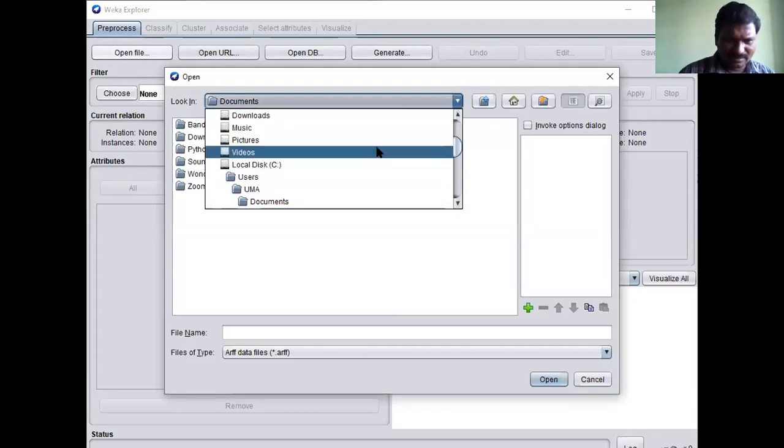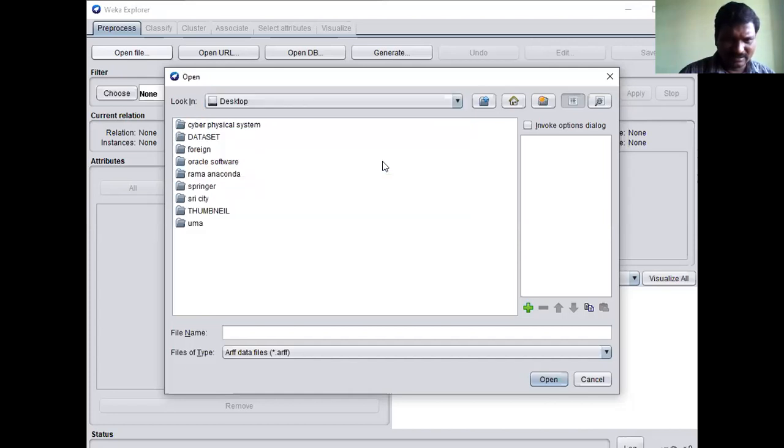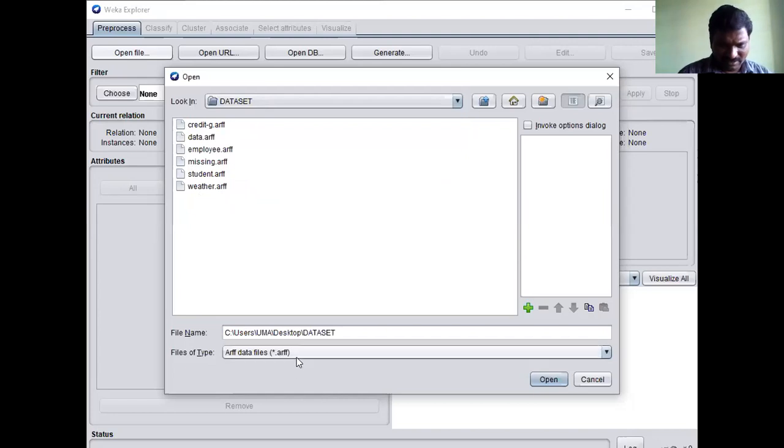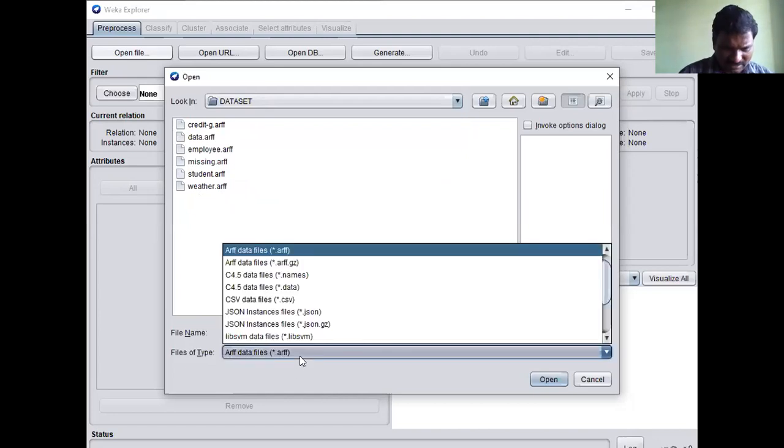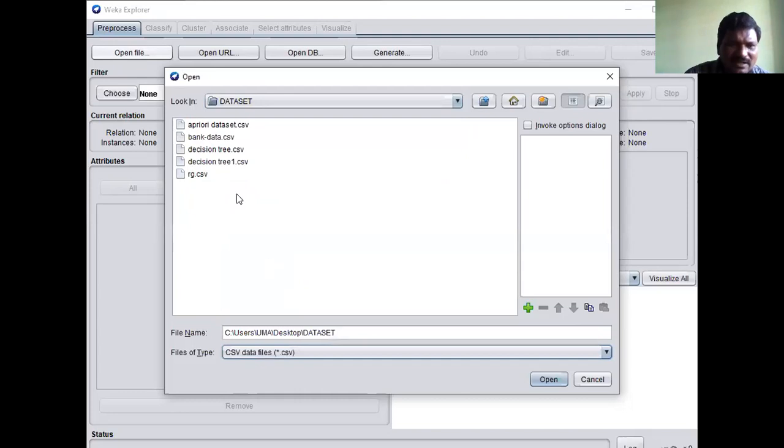Here you have different data sets. From these I am taking the decision tree data set. All are in ARFF format, and a CSV format is also there.